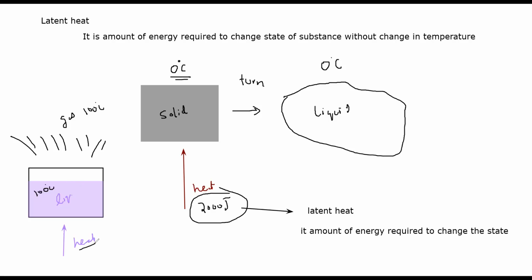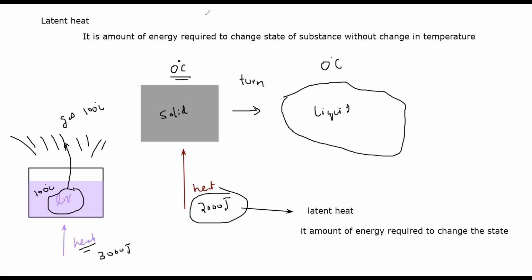So how much energy you supply? Example, you supplied 3000 joules so that you are converting this liquid into gas without a change in temperature. So the amount of energy which we supply to an object so that it changes from one state to another, we simply call that latent heat.